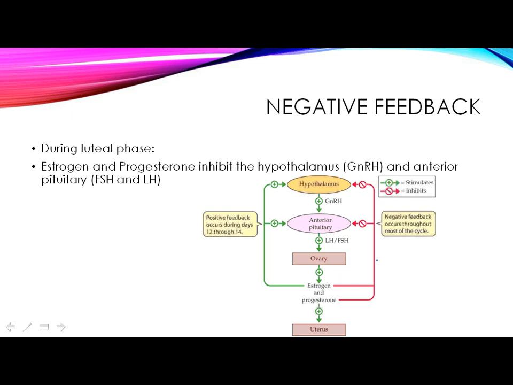Just like testosterone and inhibin went back to the anterior pituitary and the hypothalamus and prevented the male system from cranking out huge amounts of testosterone. Here, we want negative feedback through most of the cycle. We want to regulate the volume level of the music playing. The only time the female system lets it crank up is just days 12 through 14.